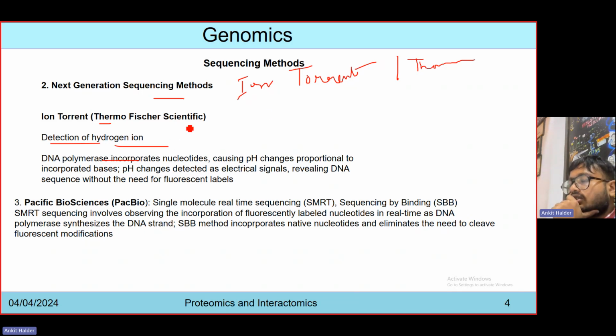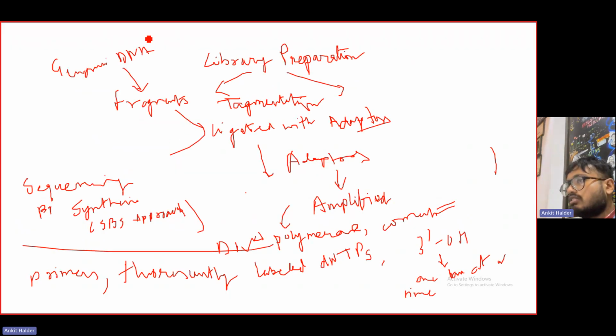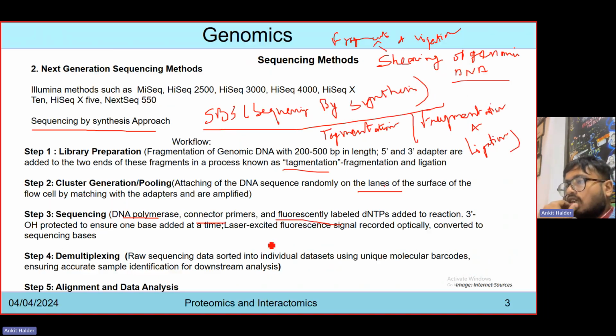So that one was your SBS approach, where fluorescently labeled, laser-excited fluorescent signals show which nucleotide is getting incorporated.